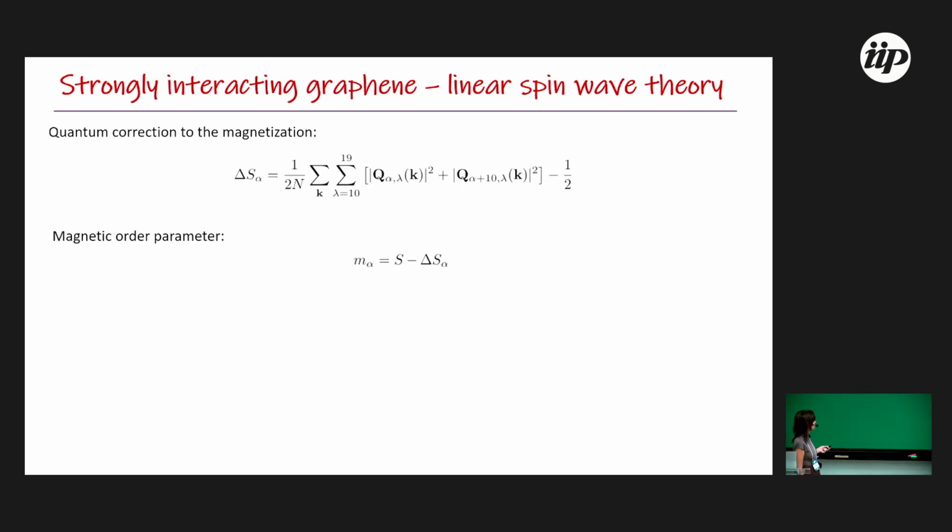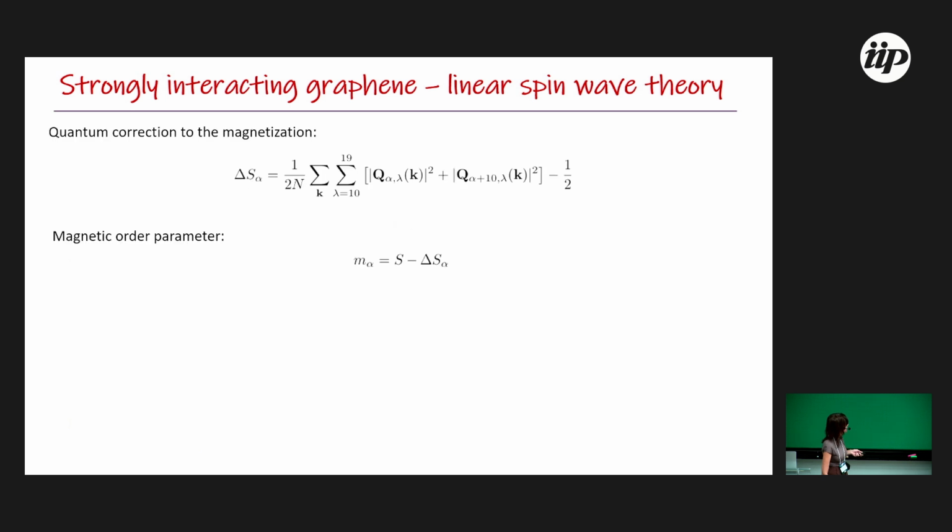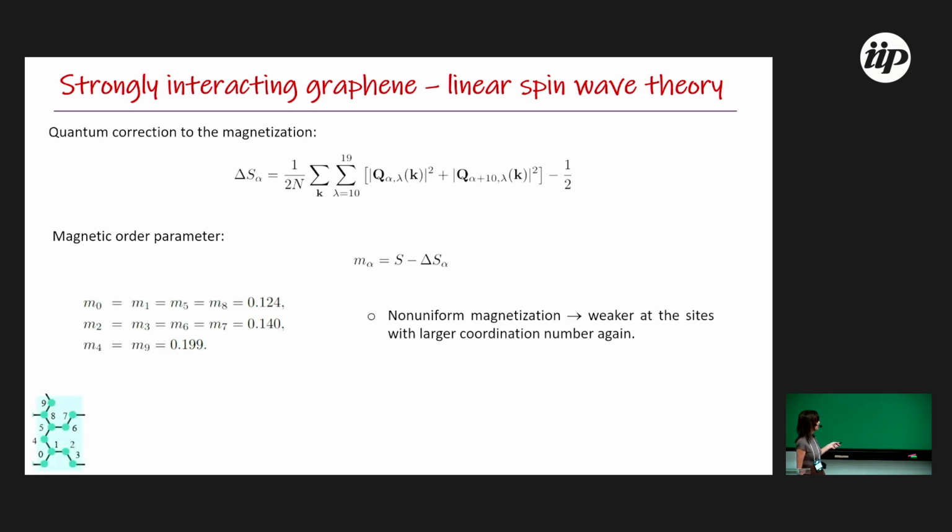We can also compute the magnetic order parameter in this regime by using the quantum correction to the magnetization like this, using this Q matrix that comes from the diagonalization of the Hamiltonian. And this gives us the magnetization, and again we see that the magnetization is non-uniform, and again it's weaker at the sites with larger coordination.